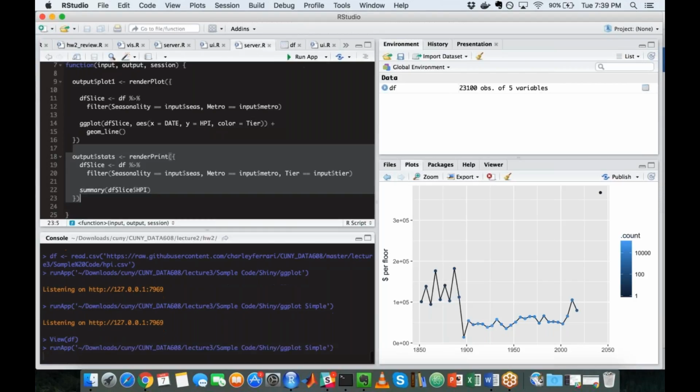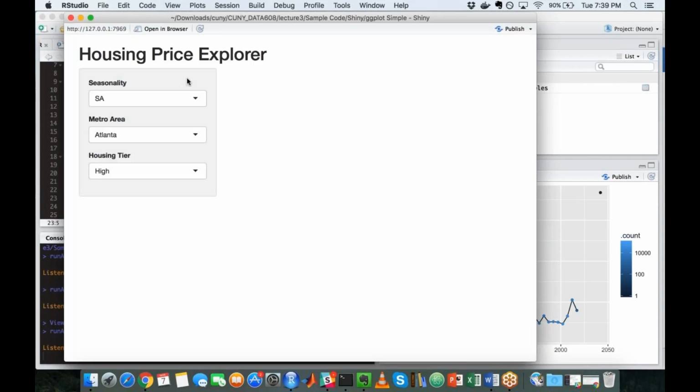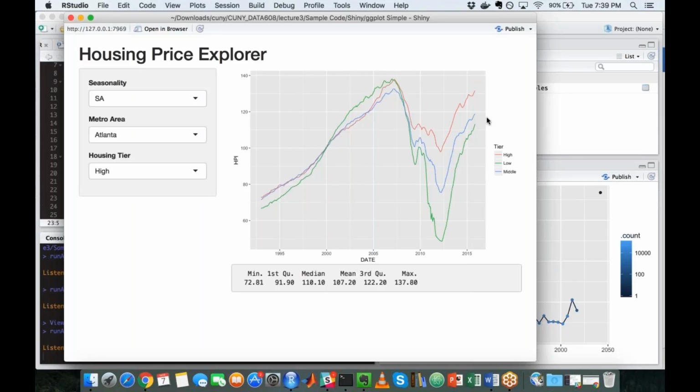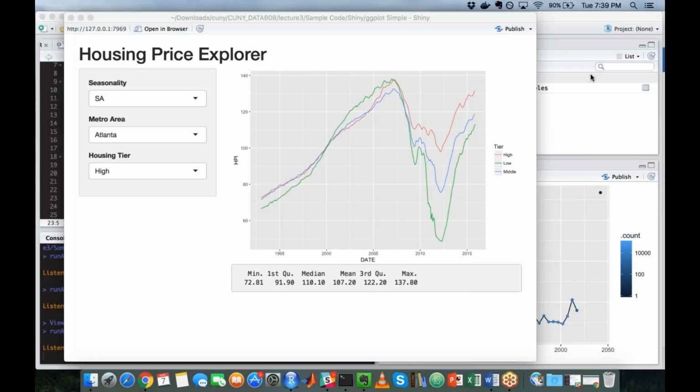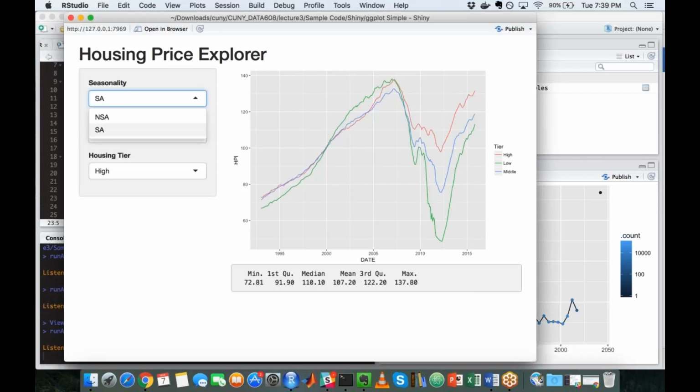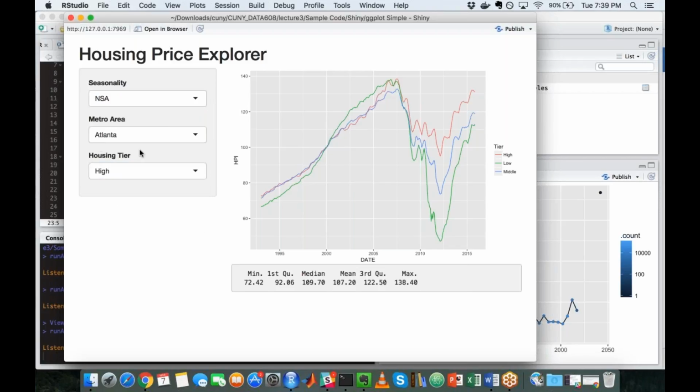On this graph, we're separating the traces by the tier, and we're using these drop-down menus to pick whether we're looking at seasonally adjusted or not. So in this case, we're defining what the plot is, but then separately, we're looking at this over here, and that's being updated by this housing tier drop down here.